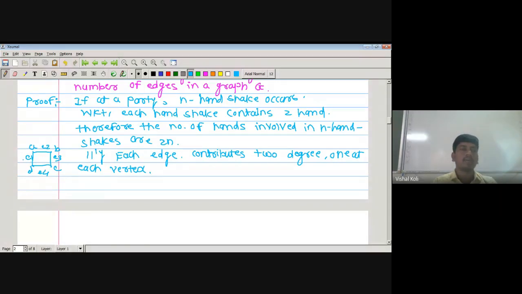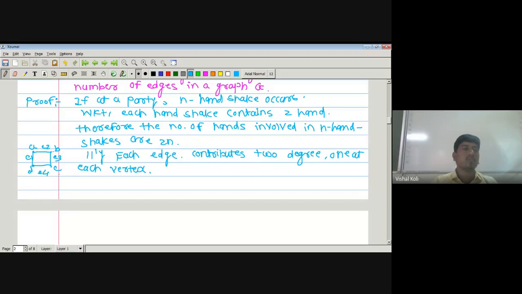If we take a particular edge E1, it contributes 1 degree at vertex A and the second degree at vertex D. Similarly, E2 contributes 1 degree at A and the second degree at B, and so on. Therefore, each edge contributes 2 degree, 1 at each vertex, if it is incident on two distinct vertices.